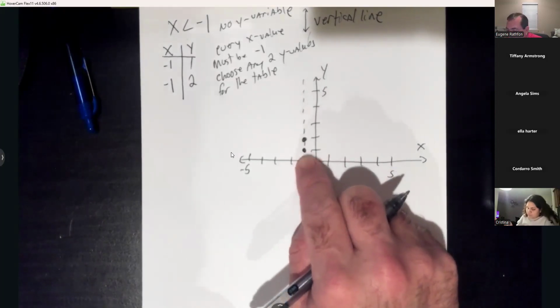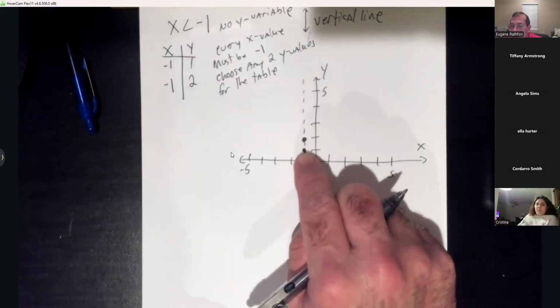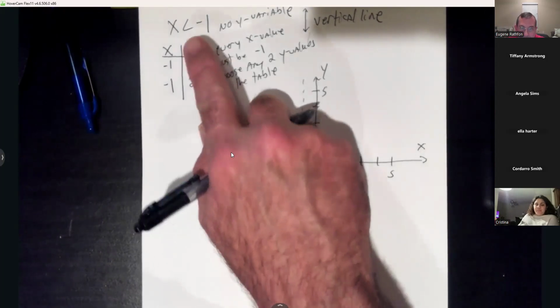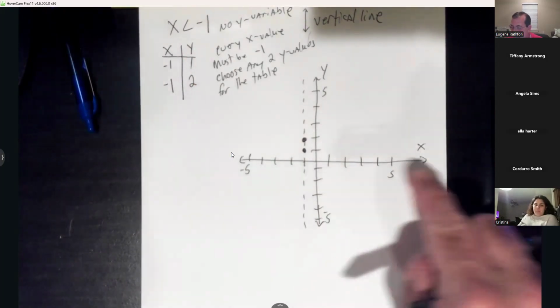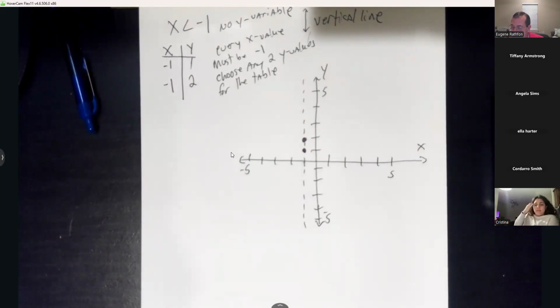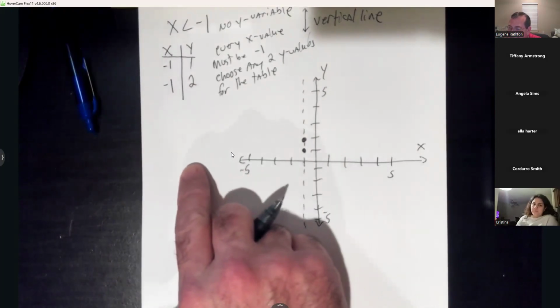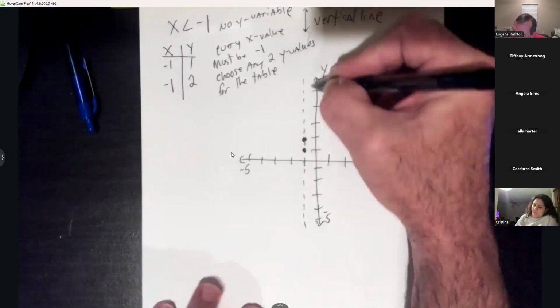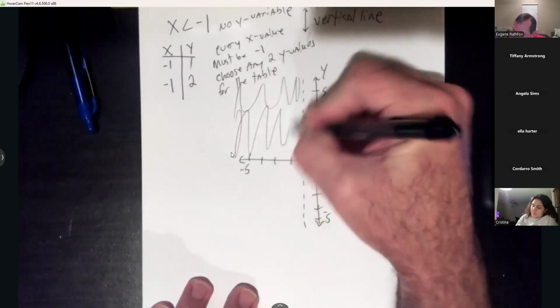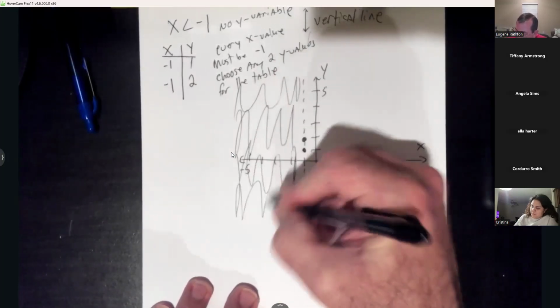So which way would I shade on the x-axis for less than? Which way is getting less? To the left or to the right? I think y'all are saying this way. Yeah, all these x values are left. Good job. So I would grab my paint can over here and shade that to the left.